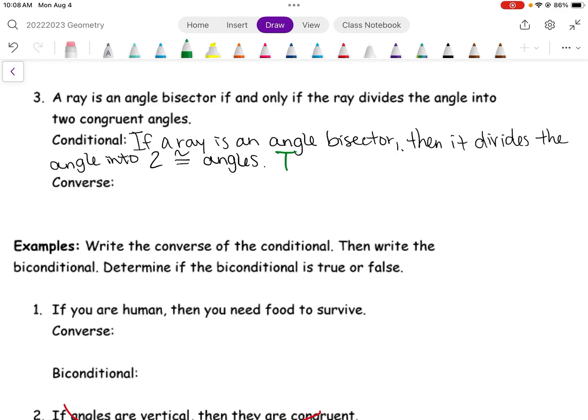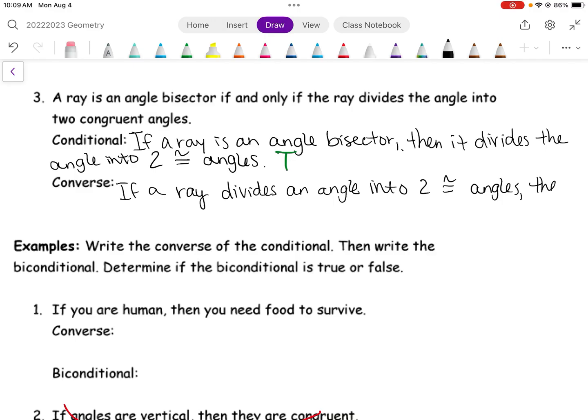That's true. Okay, remember bisect means cut straight through the middle. So if you have an angle bisector, it's going to divide that angle into two equal parts or two congruent parts. And then flipped around, if a ray, because a ray is what we're talking about, I'm going to keep it up at the front. If a ray divides an angle into two congruent angles, then it is an angle bisector.